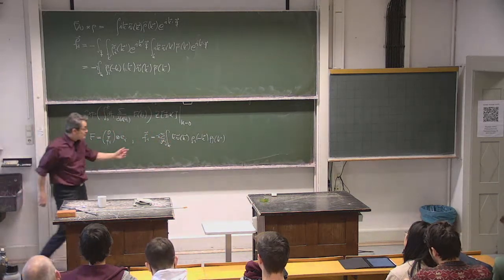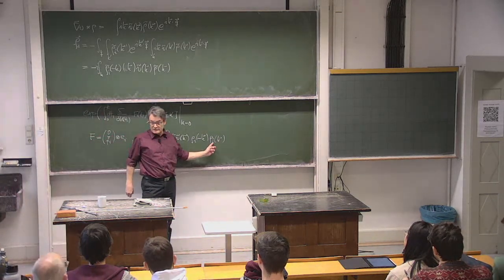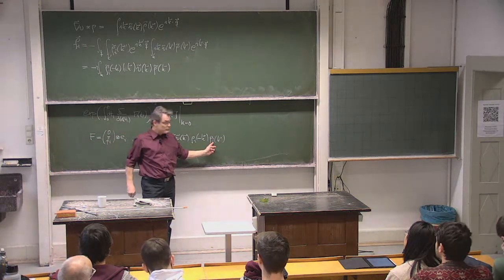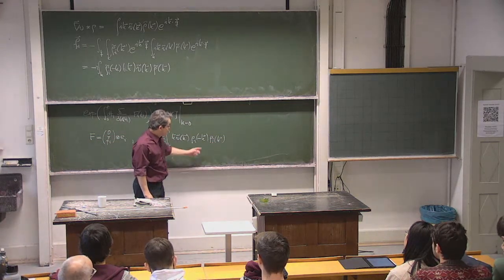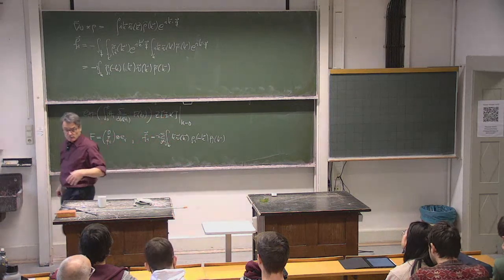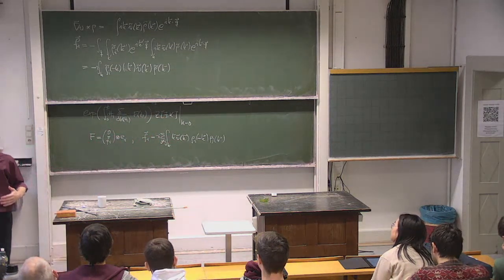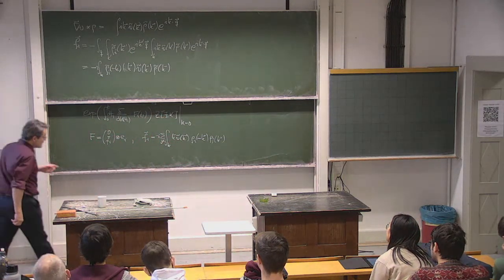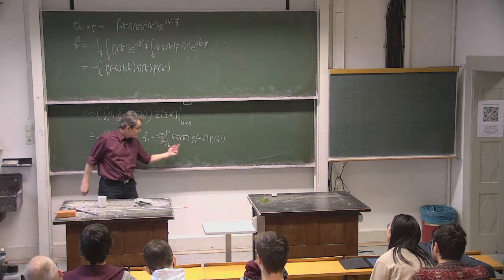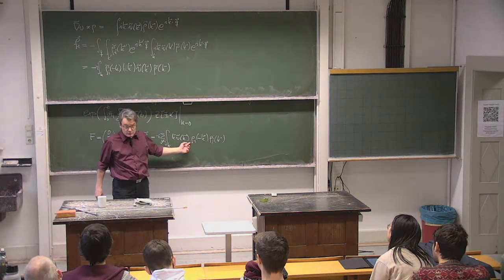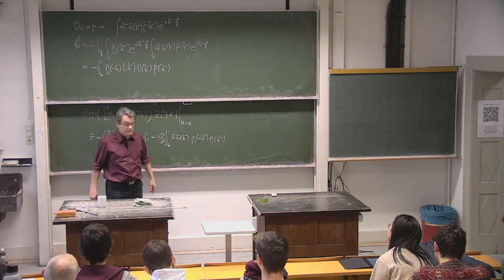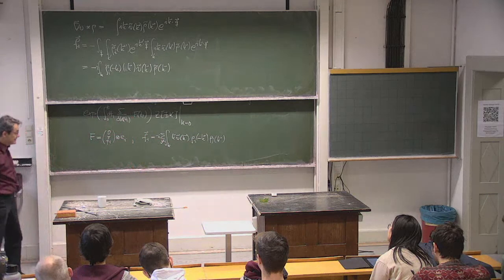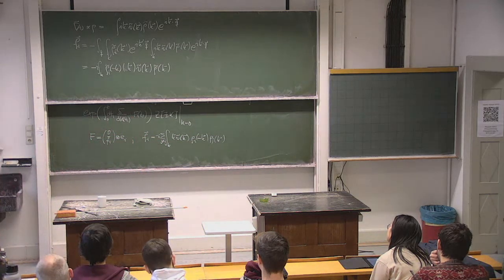I know I wrote this differently before, right? I had just density rho here, but density rho is the sum over the one particle density contributions rho j. Now, if I sum over all of these j, I of course need to exclude I equals j, to exclude the particle I acting with it on itself.